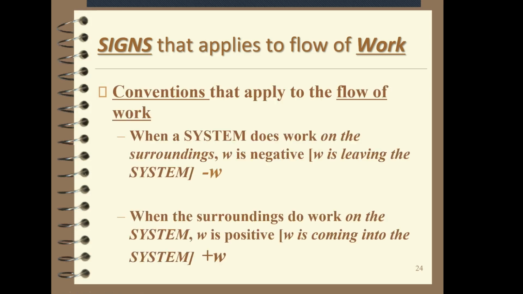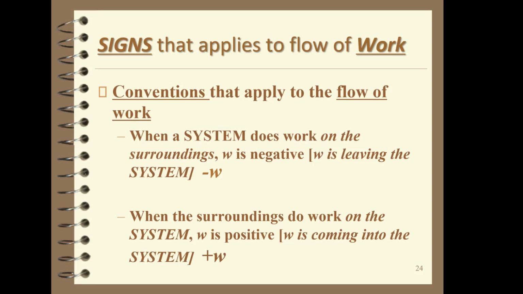The same thing for work now. And the nice thing about this is that it's parallel. When a system does work on the surroundings, we're going to give it a negative W. In a way you can think about it, work is leaving the system. Think of it that way. So it's parallel to heat leaving.